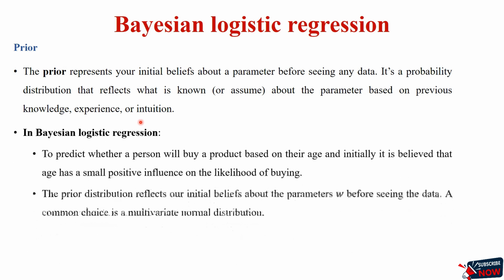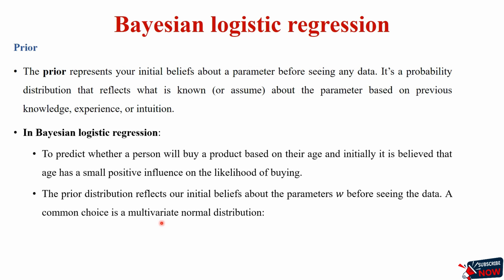In Bayesian logistic regression, suppose we want to predict whether a person will buy a product based on their age, and initially it is believed that age has a small positive influence on the likelihood of buying. The prior distribution reflects the initial beliefs about the parameters before seeing the data.